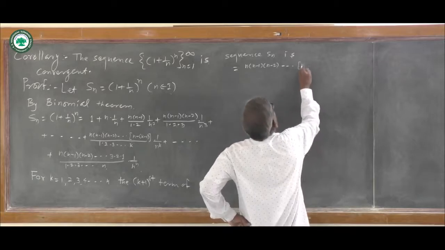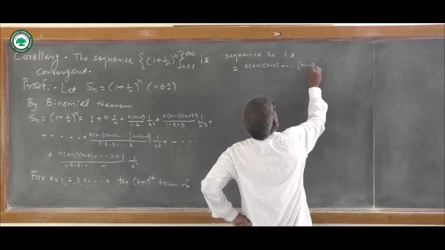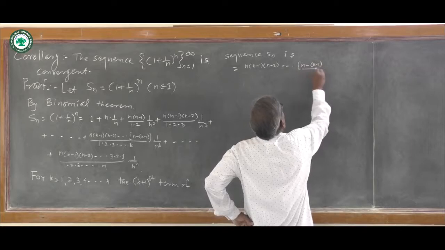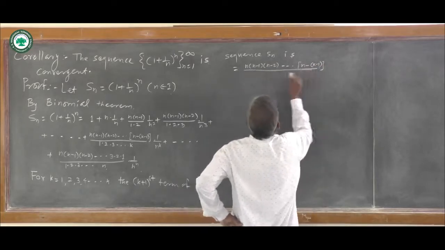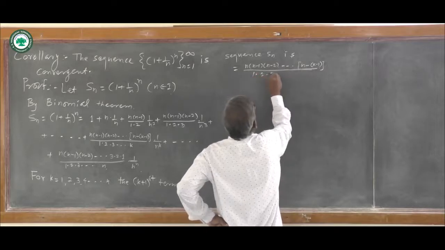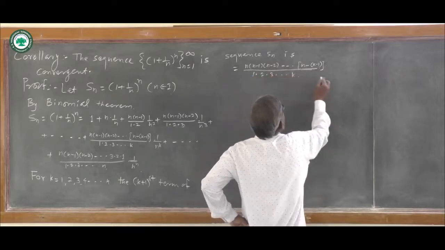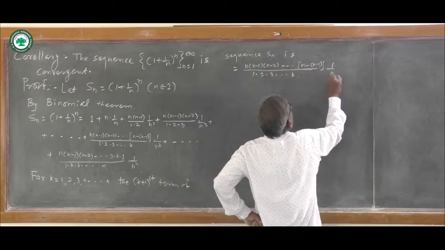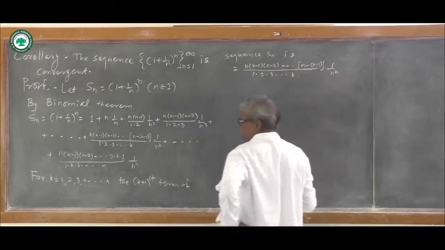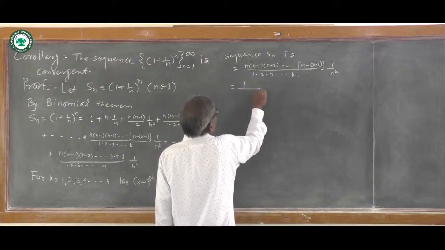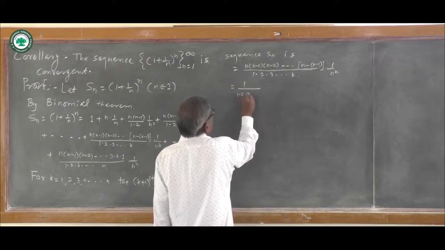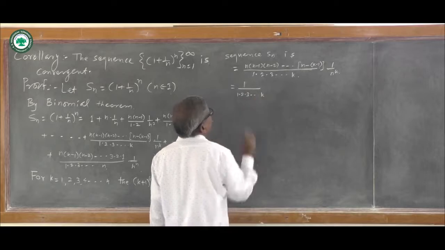Last term is (n minus k minus 1) upon 1 into 2 into 3 and so on up to k into 1 by n raised to k, which is equal to 1 over 1 into 2 into 3 and so on up to k.